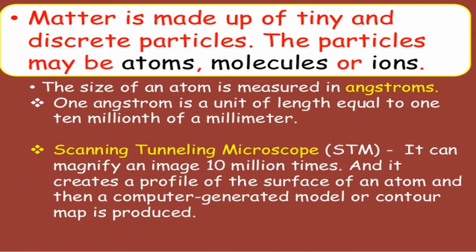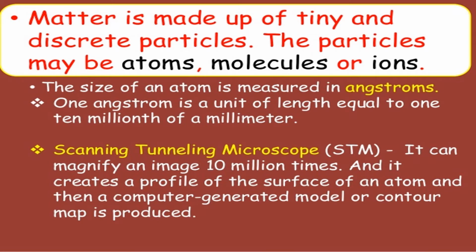Now, the size of an atom is measured in angstroms. One angstrom is a unit of length equal to one ten-millionth of a millimeter. So we have the scanning tunneling microscope.